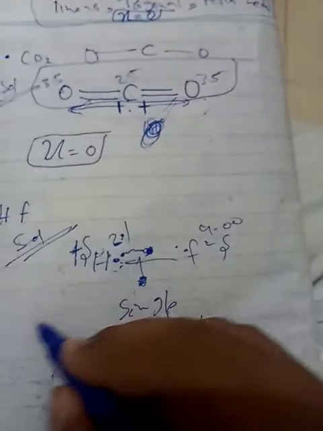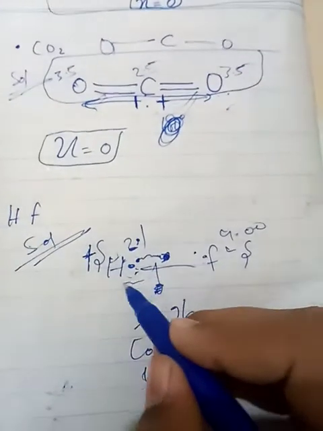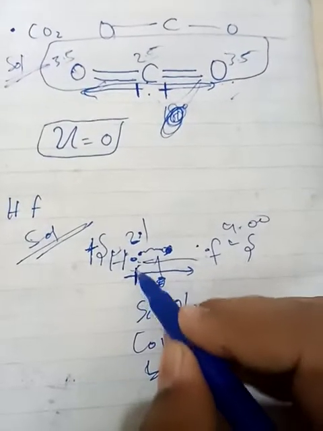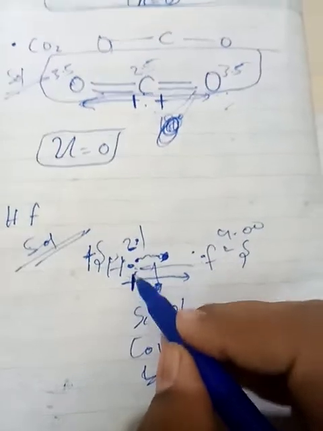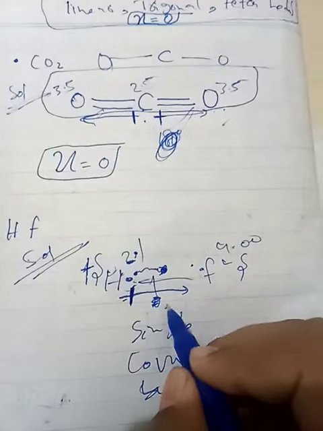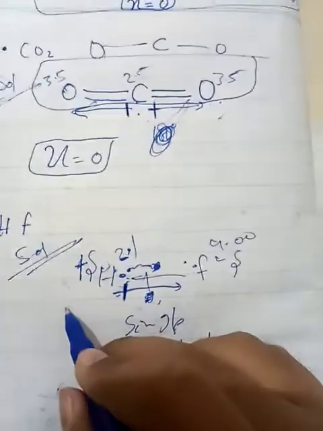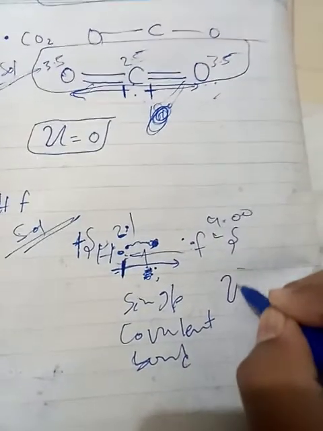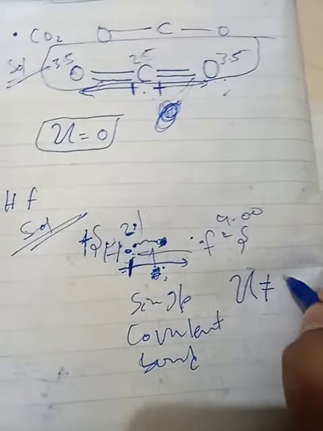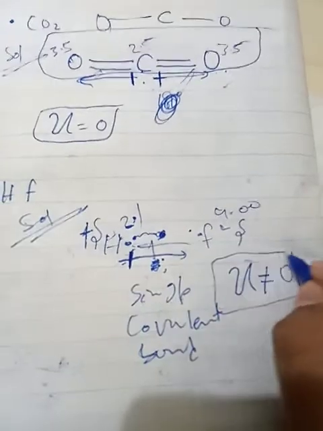But here there will be a dipole moment, because the electron of hydrogen will move towards this side, not completely, but there will be a dipole moment, because there is only one vector and no other vector to cancel it out. So that's why the dipole moment is not equal to 0, there will be some dipole moment.